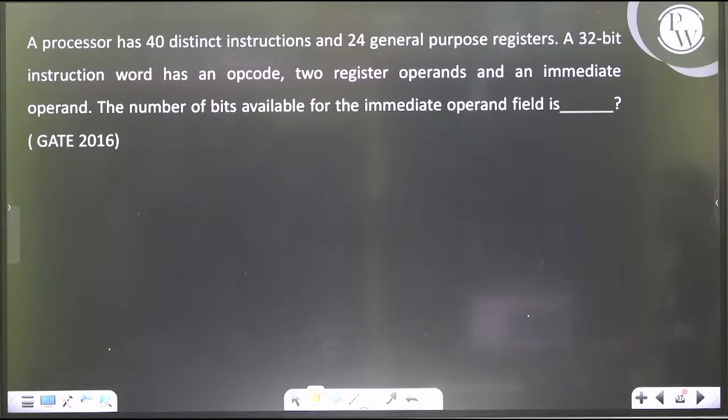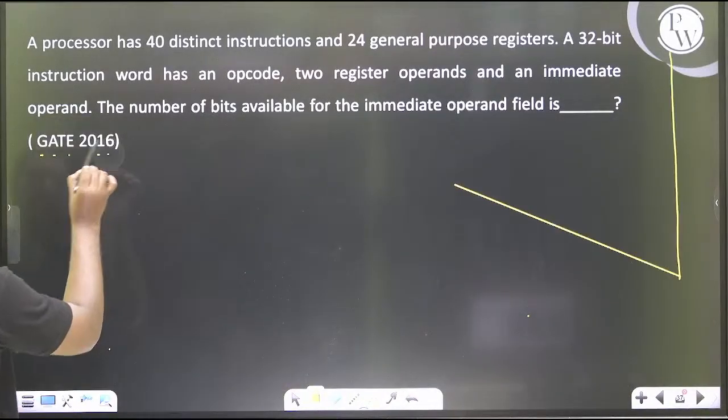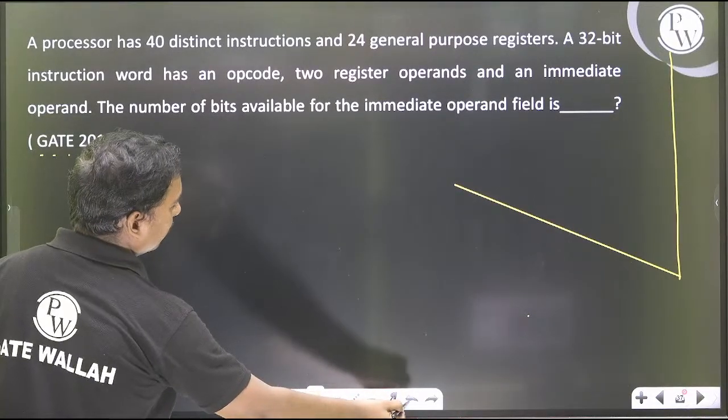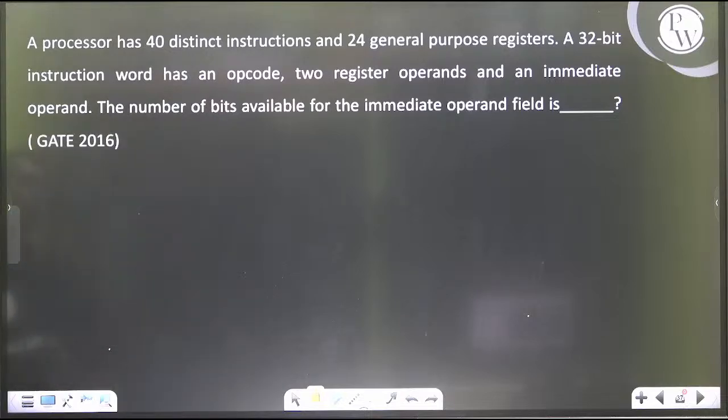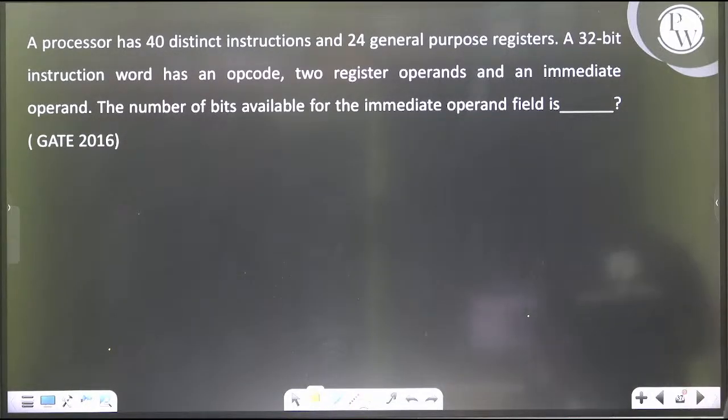The number of bits available for the immediate operand field is dash. Try to answer.